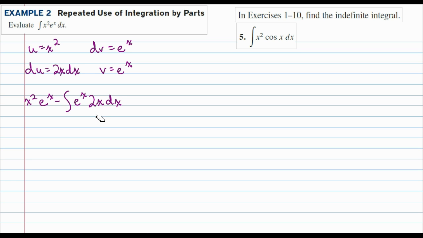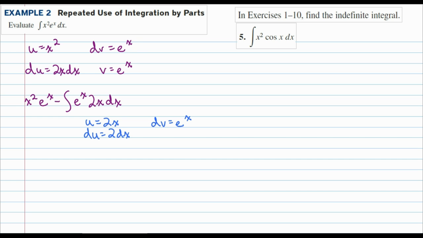When you use integration by parts repeatedly, you want to keep u in line with what u was before, and dv in line with what dv was before. So in this case, u isn't going to be x squared necessarily, but u is going to be 2x, the portion that came from x squared. And then dv is going to be e to the x, the same as it was before.